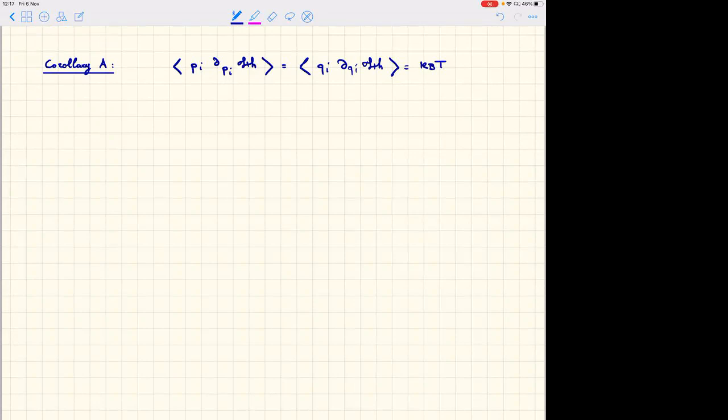But most importantly is the corollary B. So the equipartition theorem is useful because it allows you to immediately write down what is the average internal energy for quadratic Hamiltonians.